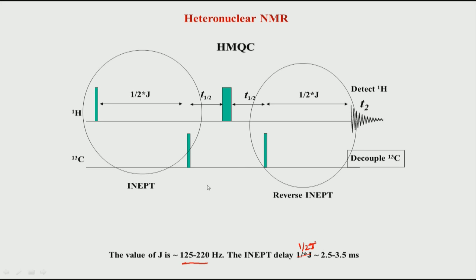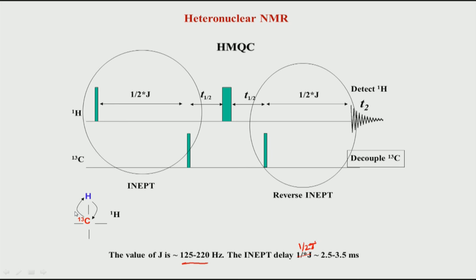From a practical point of view, if you want to achieve a 100% transfer, one has to keep the values in this range. And now let us again analyze mathematically how the FID will be captured.